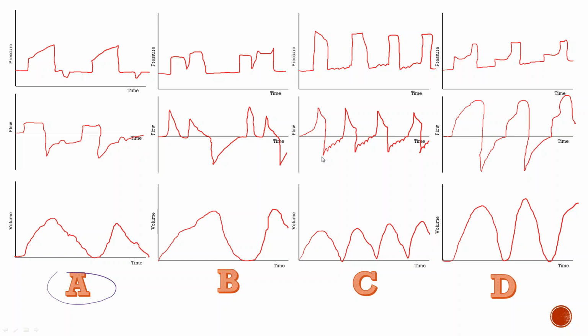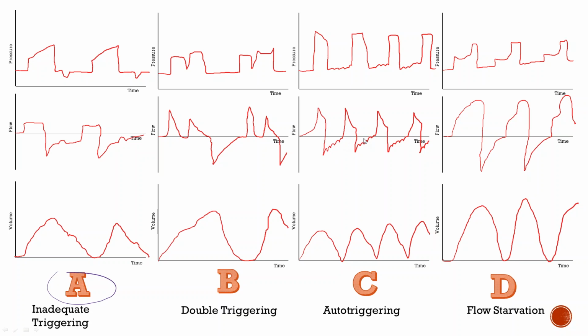So this one, just to go over the other ones first, is either increased secretions in the tubing, or in some patients could also be cardiac oscillations, but for this one it's quite fast. Or water in the tubing, in that little tubing hanging off the bed.